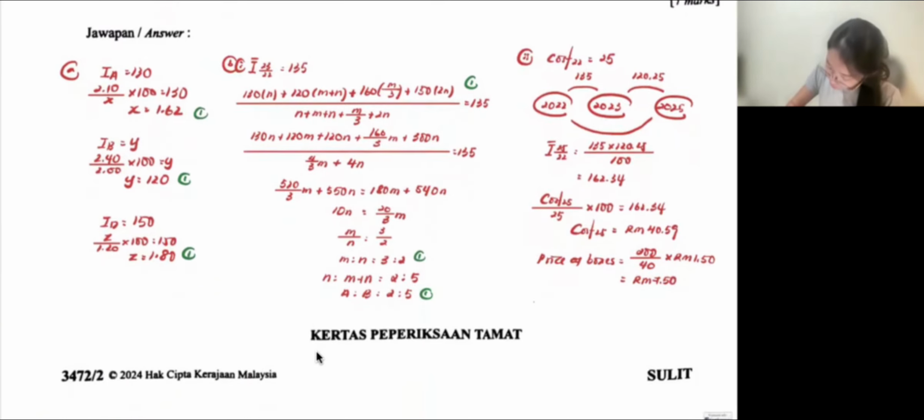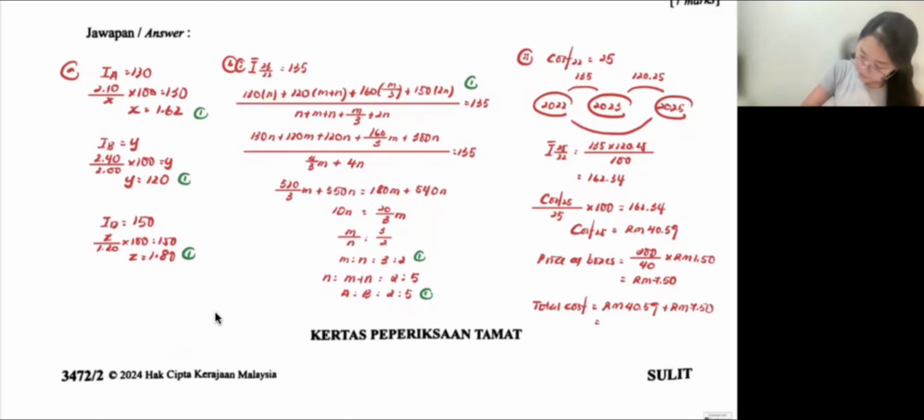Okay, so total cost, how much are you using? 40.59, and the boxes 7.50. So total over here, you will take 48 ringgit 09 cents.